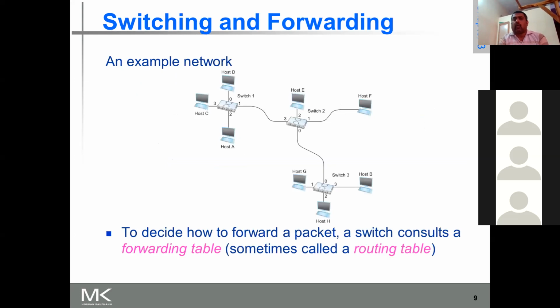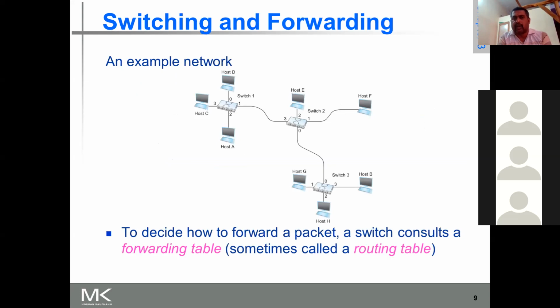Now, we'll go with switching and forwarding, and how it can be done. Observe carefully the switches placed in different networks. Switch 1, switch 2, and switch 3 are there.